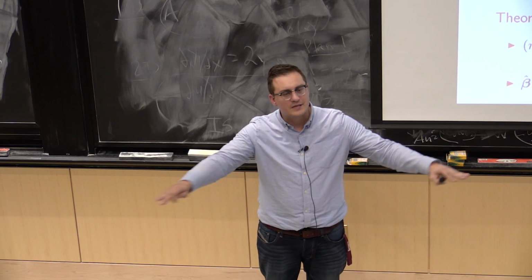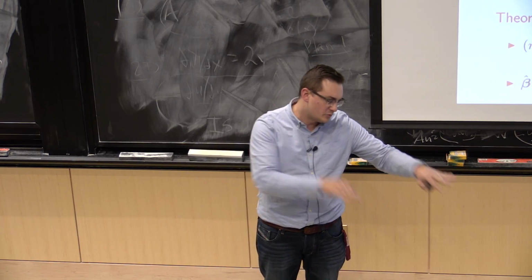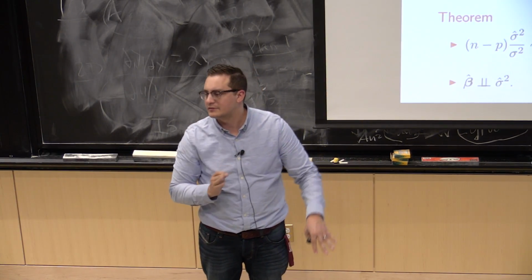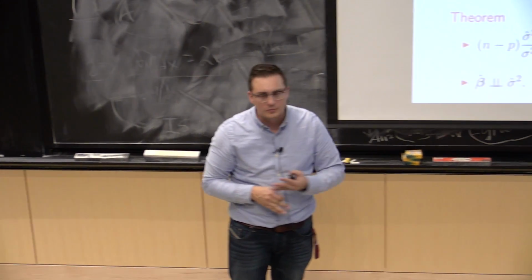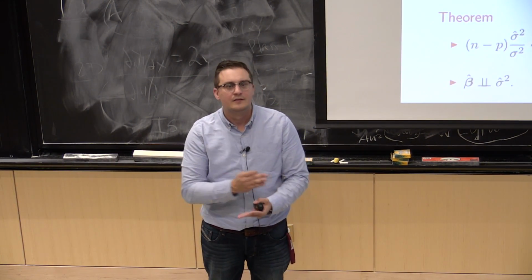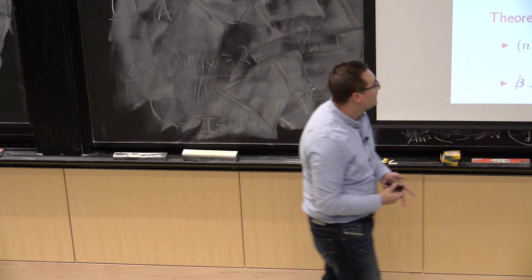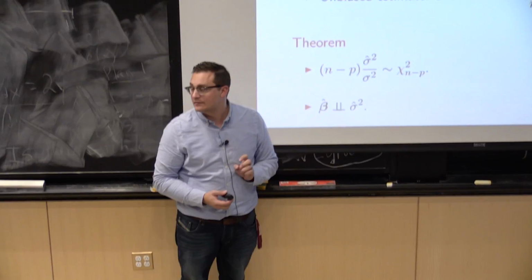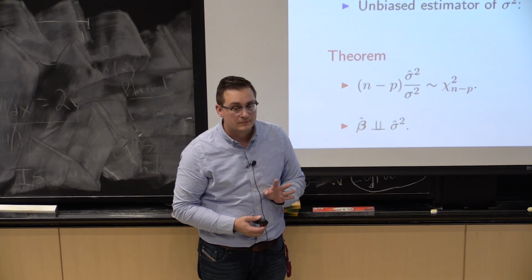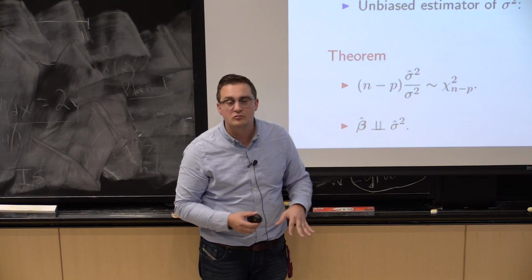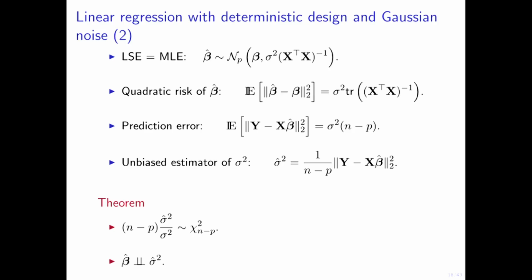You think of your subspace, the linear span of the X's. Sometimes you project onto this guy, sometimes you project onto its orthogonal. Beta hat corresponds to projection onto the linear span. Epsilon hats correspond to a projection onto the orthogonal. And those things tend to be independent. And that's why beta hat is independent of sigma hat squared. It's really just a statement about two linear spaces being orthogonal with respect to each other.